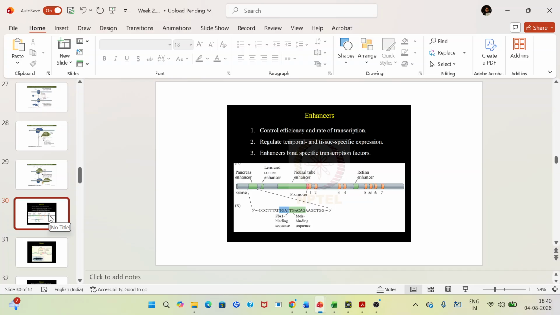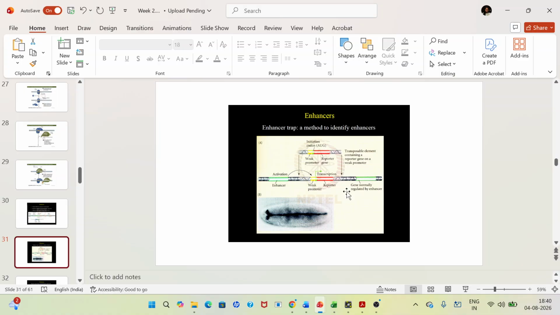That all will be managed by what? That all will be managed by enhancers. Enhancers bind specific transcription factors which help them regulate all these things, which gene will be expressed where and what will be the rate of transcription. So all of it is managed by enhancers, and then enhancers will be managed by transcription factors.